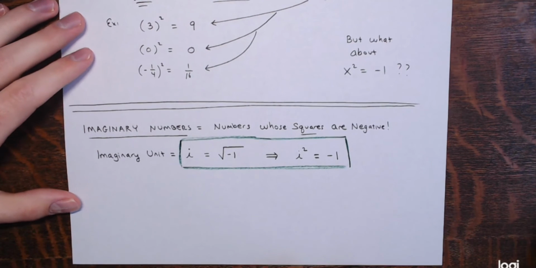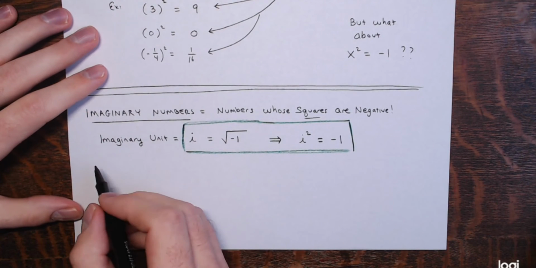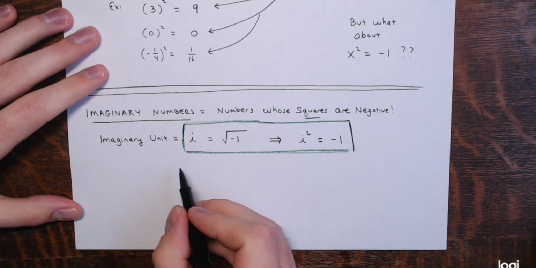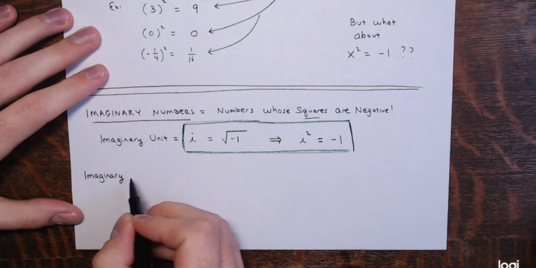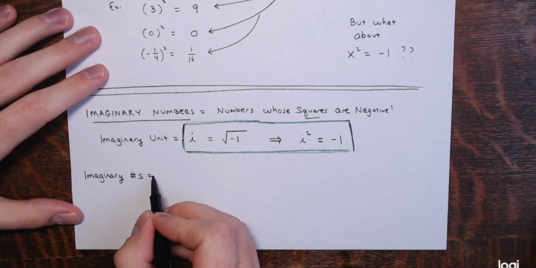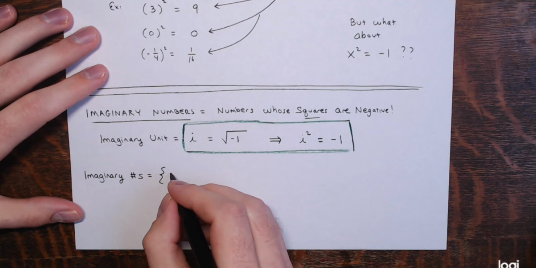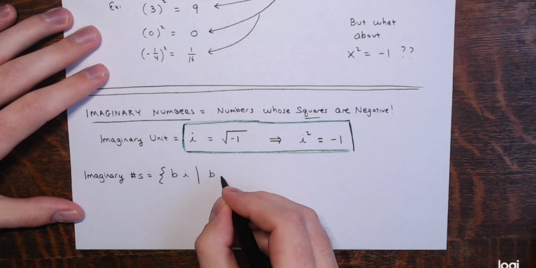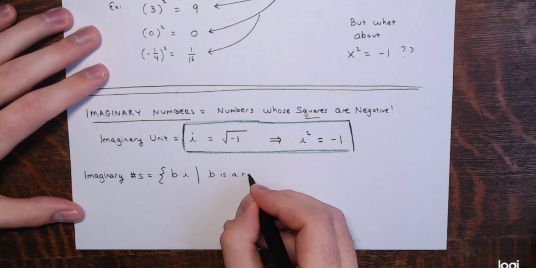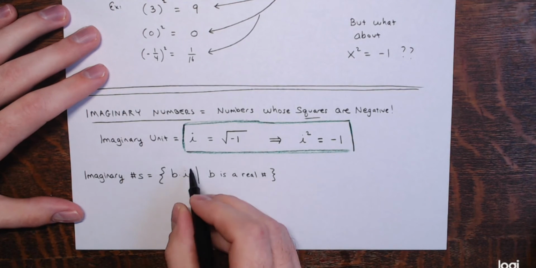All right, so what are some other numbers that are imaginary? Well, every number in this set of imaginary numbers can take on the following form: b times i, where b is a real number, and i is this imaginary unit.